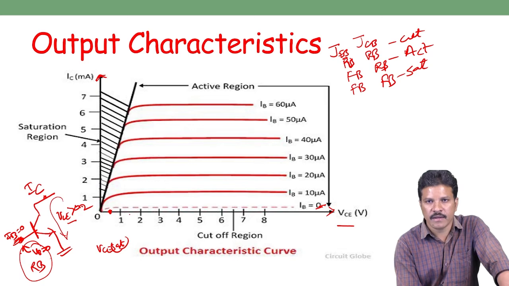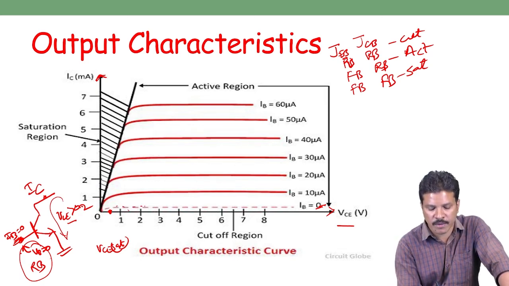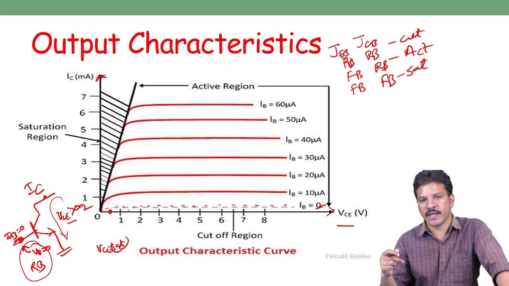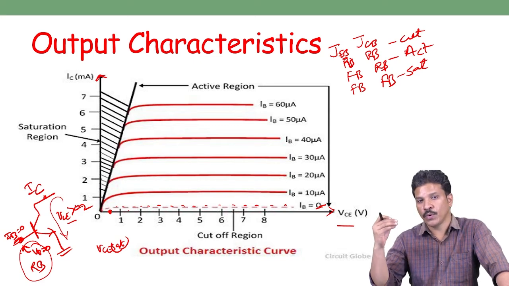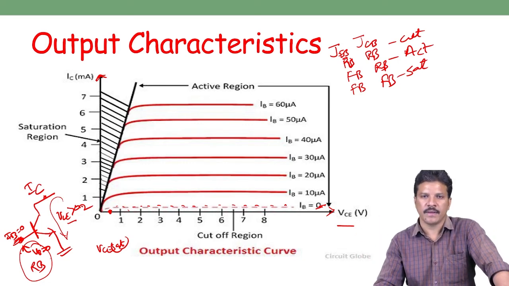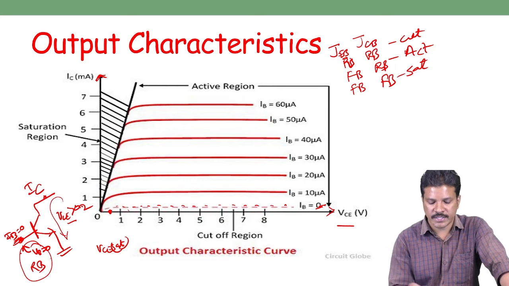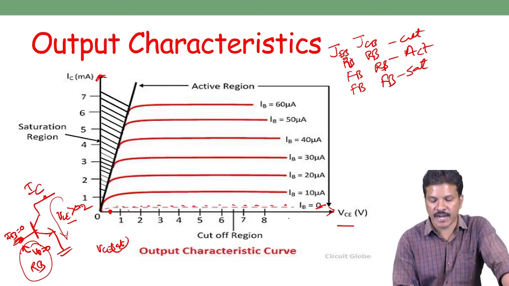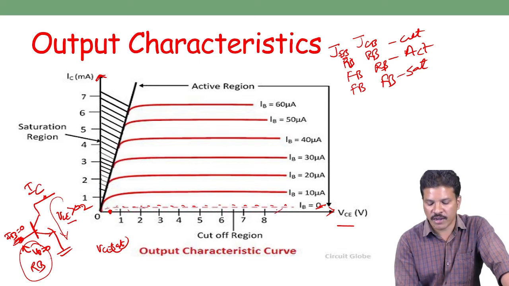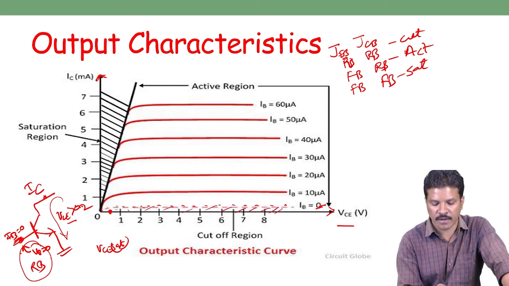The dashed line does not fall on the x-axis, but shows some significant current, measured in milliamperes, because collector to emitter is a reverse connection. So even in the cutoff region we have significant current.